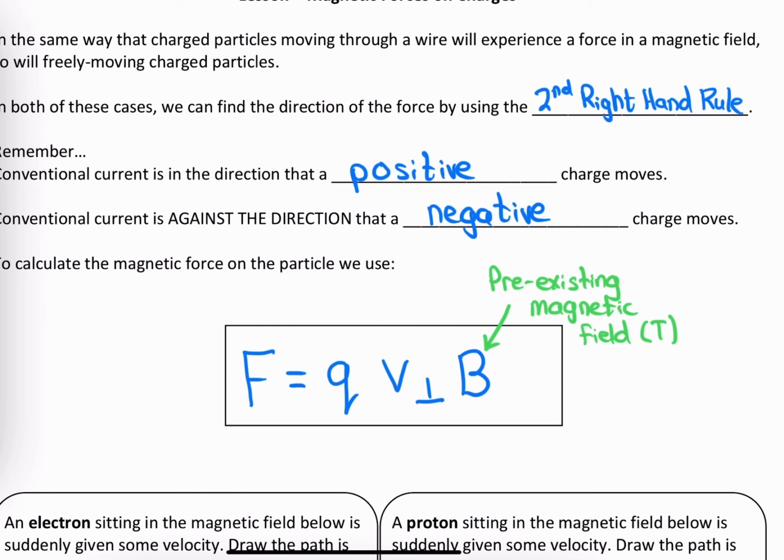Then I'm going to have a charge that moves through that magnetic field. Now, when a charge moves, it creates a magnetic field, but that's not what this magnetic field is. This magnetic field is not the field created by this charge when it moves. That magnetic field was there first.